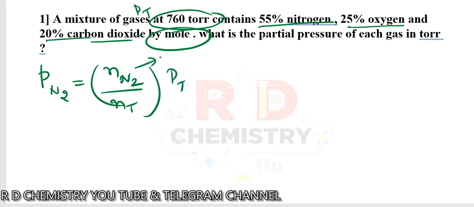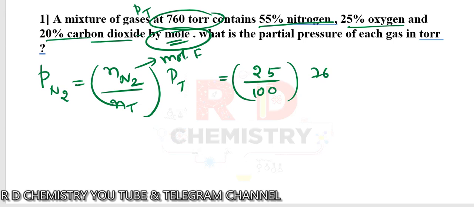This is the mole fraction actually. We need not convert these percentages into the number of moles because the percentages are given by mole. So 55 divided by the total, 55 plus 25 plus 20 is 100, into the total pressure 760, and this will be equal to 418 torr.